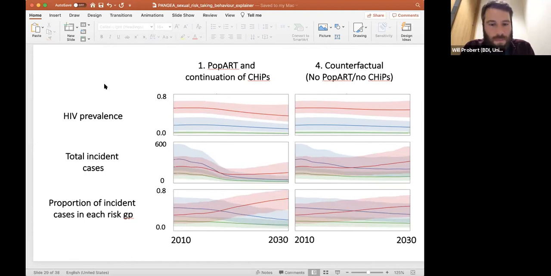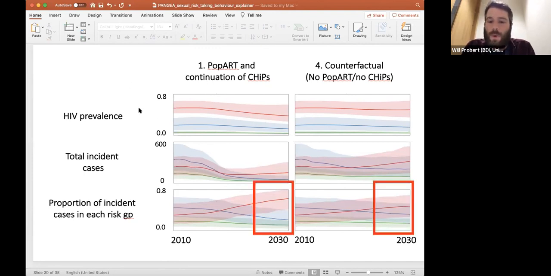We can see that HIV prevalence overall is declining. The Popheart intervention starts in about 2014, so we can see there is a large reduction in total incident cases in 2014 in scenario one. But what's most interesting is if we look at these projections to 2030, although we have declining incident cases and declining prevalence, there's a concentration of new incident cases in the high-risk population compared to a counterfactual scenario.